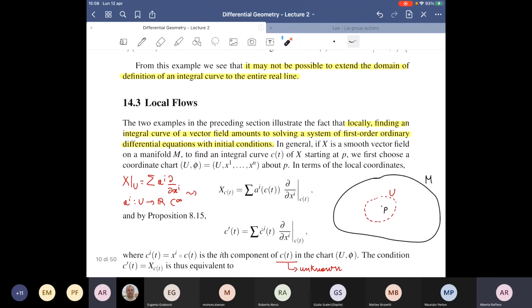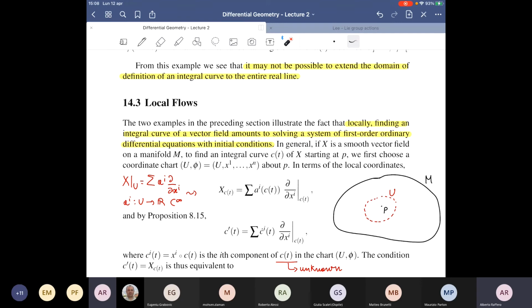So we saw what's going on in some examples. And of course, in general, one may ask, okay, let's start with a smooth manifold. Let's consider a vector field on the smooth manifold. I want to study this problem of the existence of integral curves in greater generality.